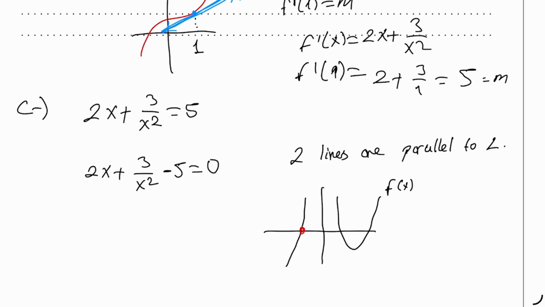And we can show these roots. Let me see it from the 0, minus 0.67. This is 1. This is 2.186. So to 3 significant figures, 1, 2.19. Okay, you can show it like that: f(x) equals 2x plus 3 over x squared minus 5. So we have 2 lines parallel to L. This is our L, and these are the parallel lines.